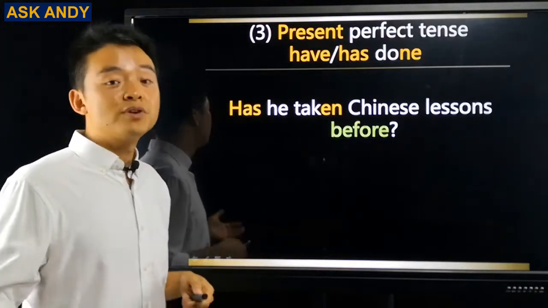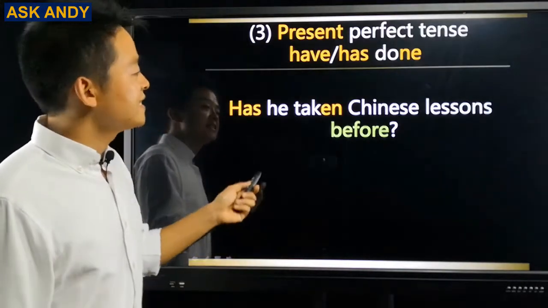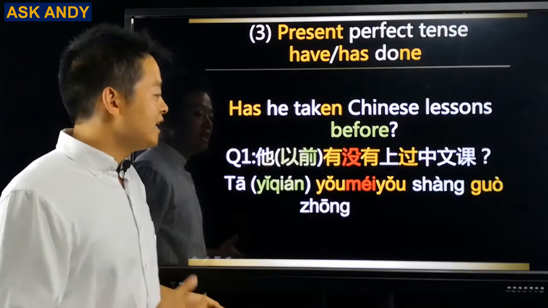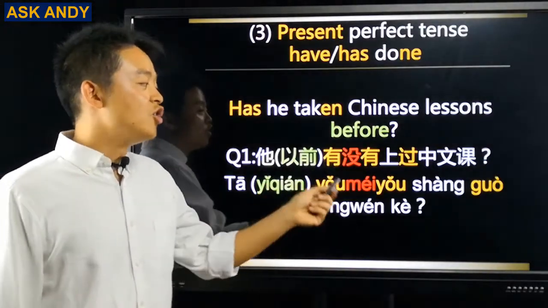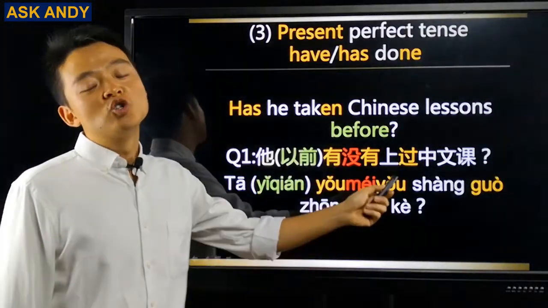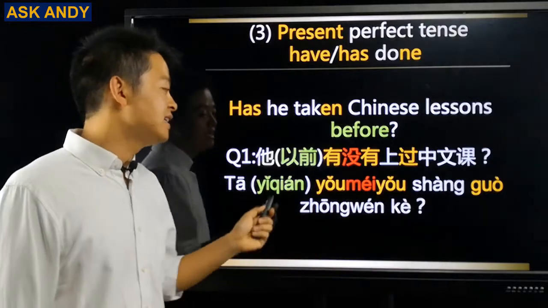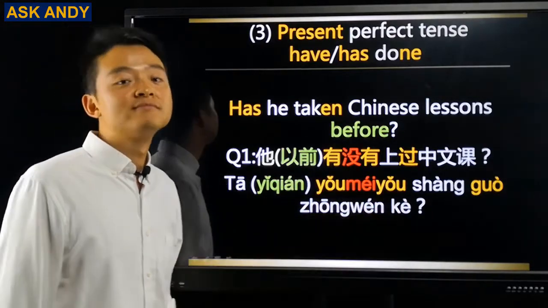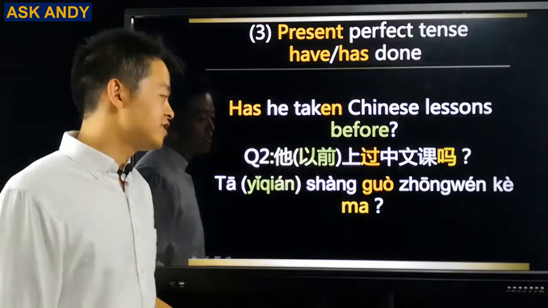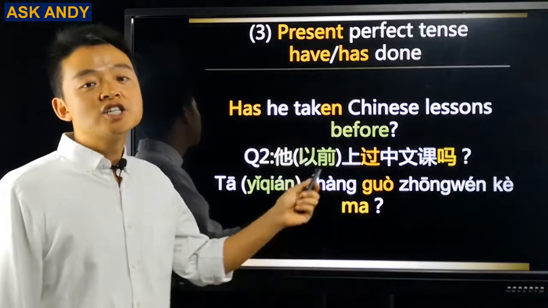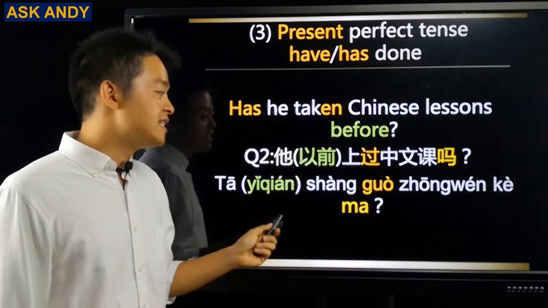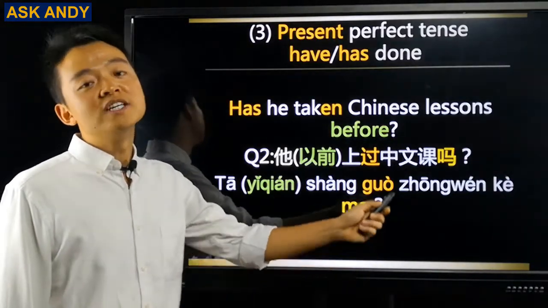Number 3, present perfect tense. The example is, has he taken Chinese lessons before? Question 1 is, 他以前有没有上过中文课? Another way is, question 2, 他以前上过中文课吗?